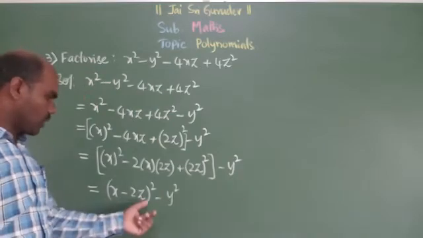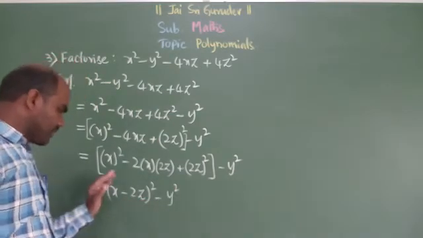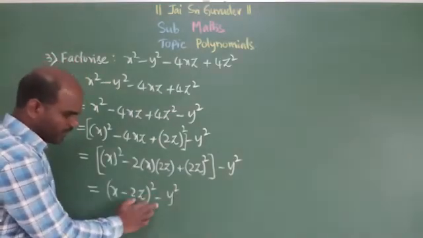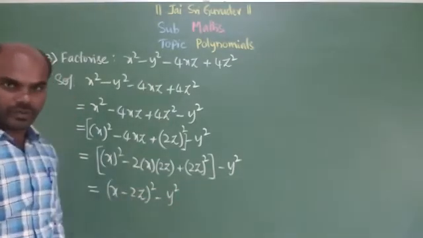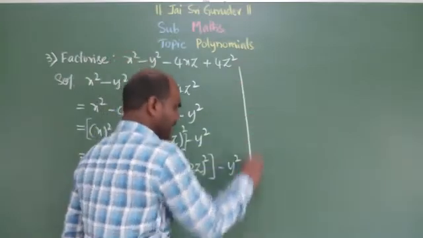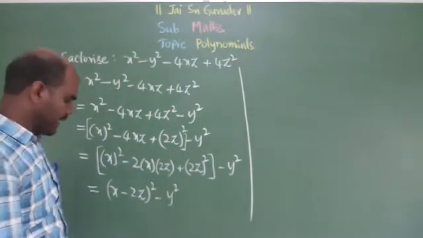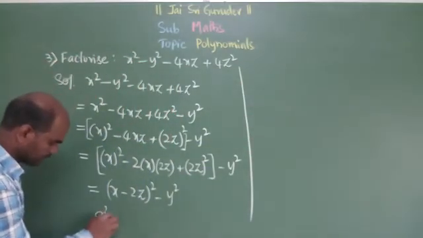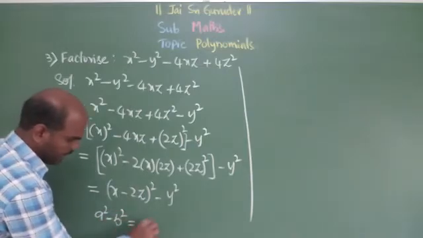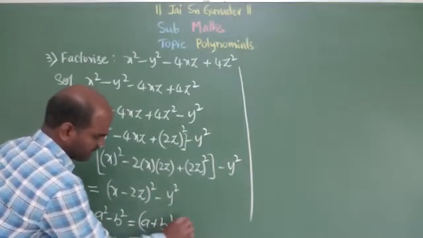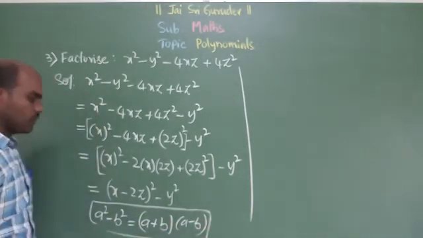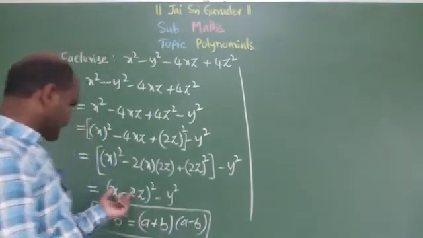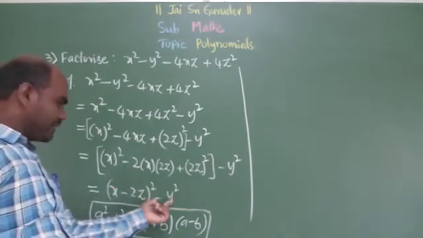Yes. So now again you have to observe, children, it is a square minus b square. A square minus b square means a plus b into a minus b. Is it understood? So based on this formula we have to write this one: it is a value, okay, it is b value.